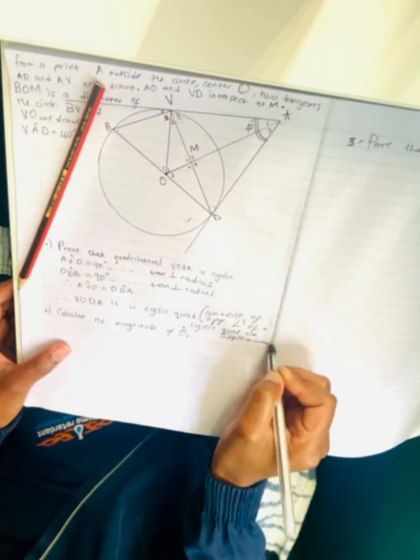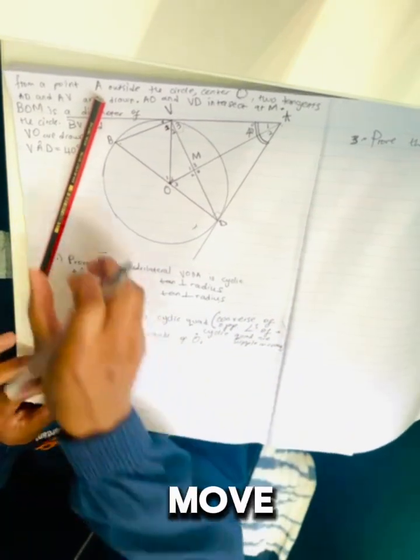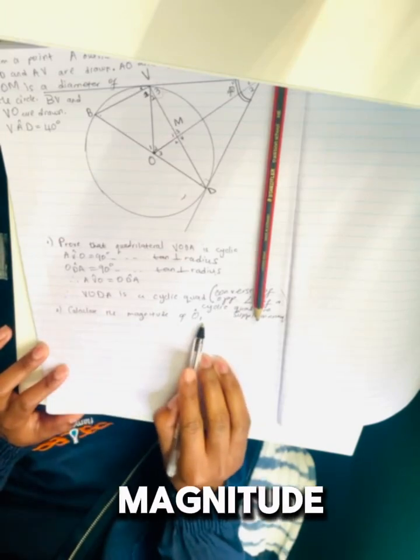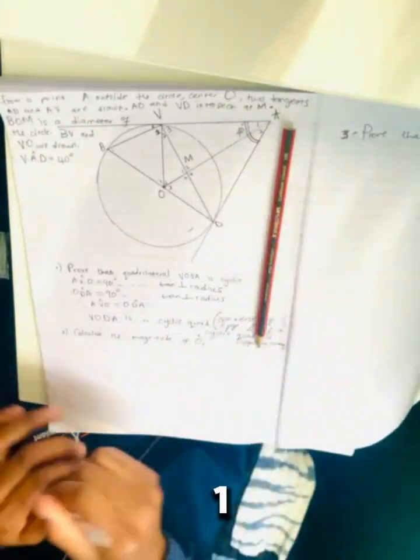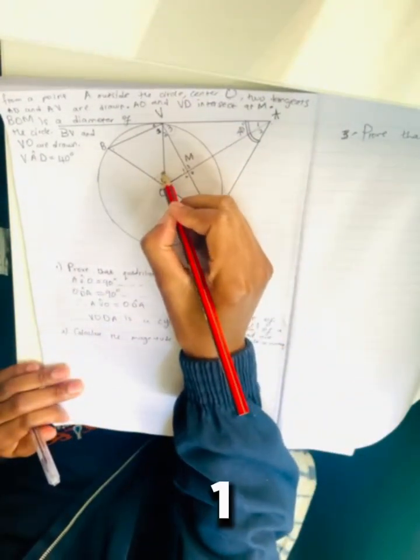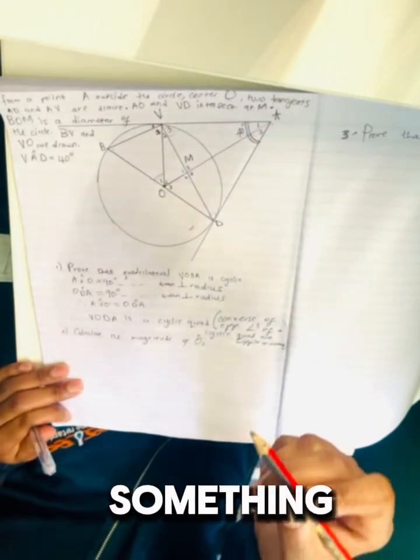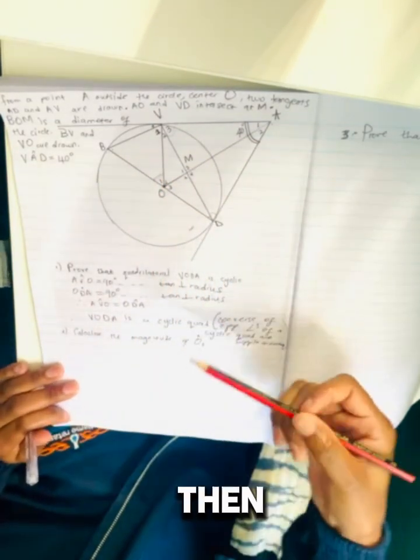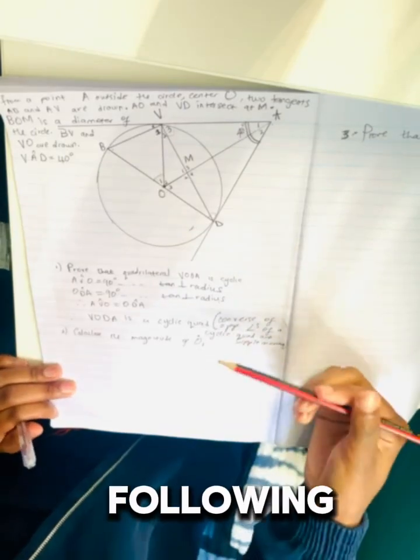Now we move on to the next question, which says calculate the magnitude of angle O1. This is our O1, but we need to mind something. Since we have already proven that this is a cyclic quad, we can use it to answer the following questions.